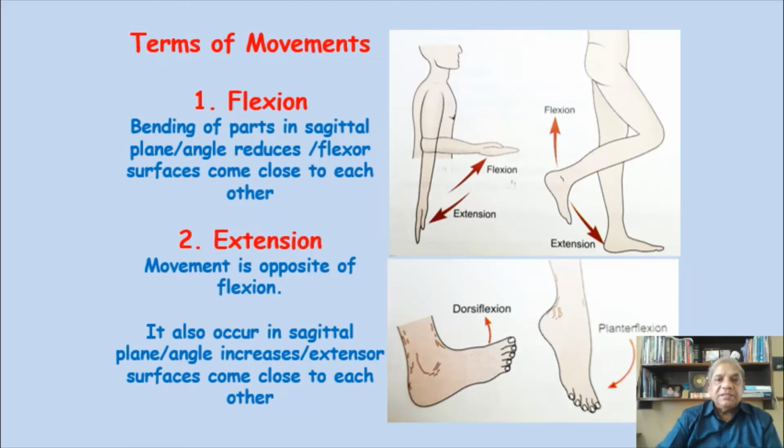For example, here let us see this pointer, and here you are standing in anatomical position, and from there you have started lifting your forearm at the elbow by bending it at the elbow joint. This movement is the flexion movement. Here the angle between the forearm and arm is reduced.